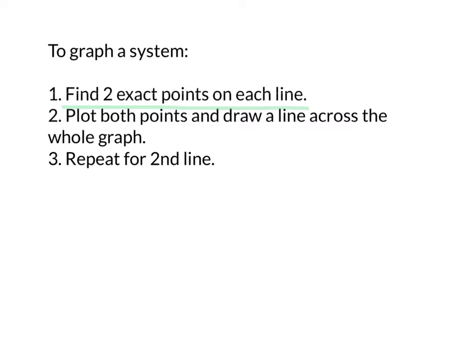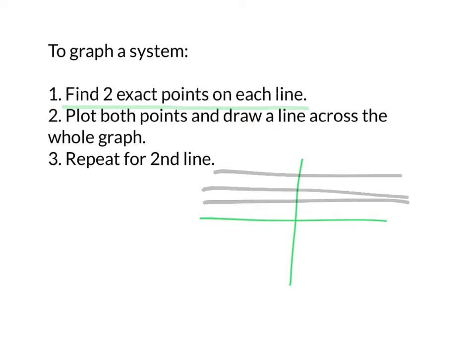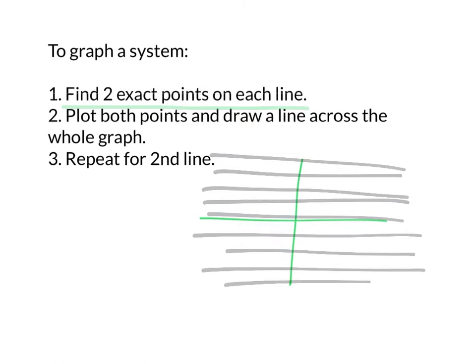If you remember in the past, I've referred to exact points like that as stop sign points. What I mean by that is if you're looking at a coordinate plane, a stop sign point would be where grid lines intersect one another. So if you've got grid lines running this way, and pretend like those are straight, y'all, and then you have grid lines running this way.